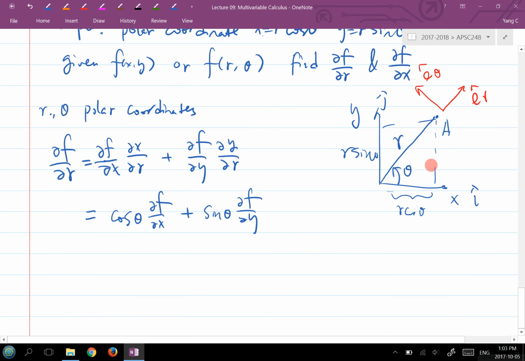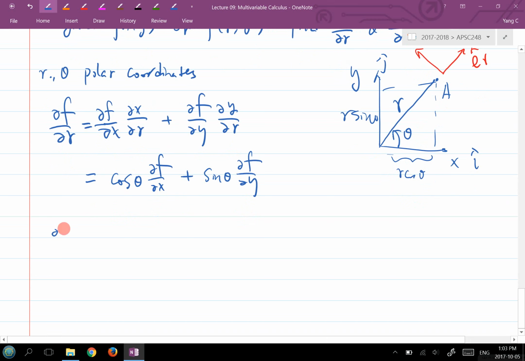Now what about the partial f over partial x? In this case, f is given in terms of r and theta, and you're looking for the partial f over partial x. So use the same chain rule.